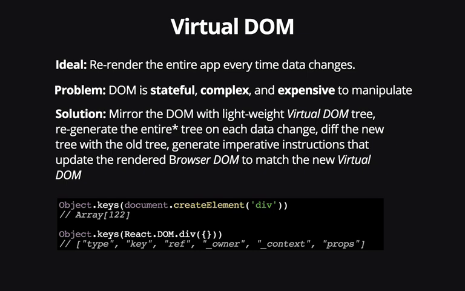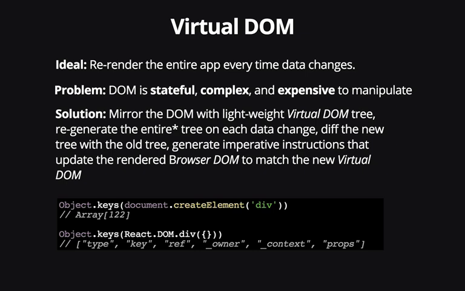So if we call Object.keys, which is just a way to find all of the attributes that exist on an object, on a simple div with nothing else related to it, we get an array with 122 items. So that's a lot of different properties, and these all have certain behaviors. And when you render a div, you have a buffer backing it for rendering. So all these sorts of things, and it becomes pretty intensive.